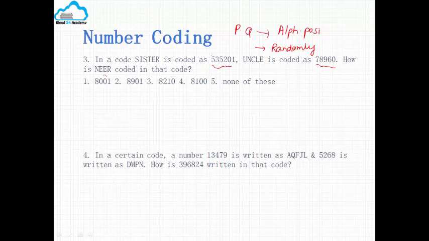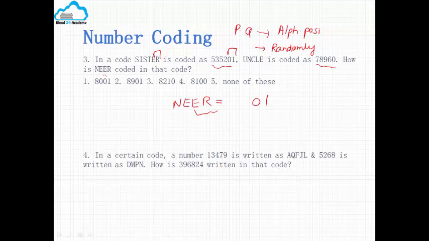Here S is given 5, which is definitely not its position. So what we have to do is just find the alphabet and its corresponding number or code, and we have to give the answer. So in NEER, we can pick this ER from sister. ER is written as 01.